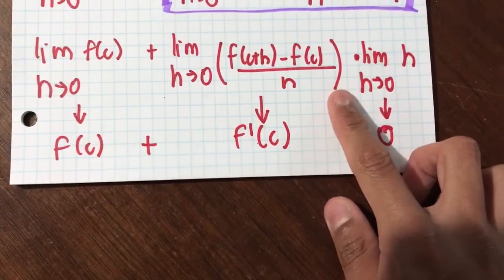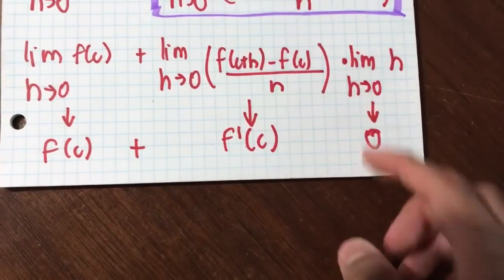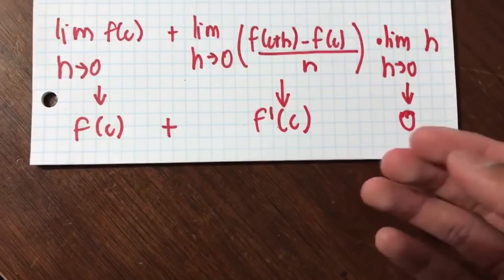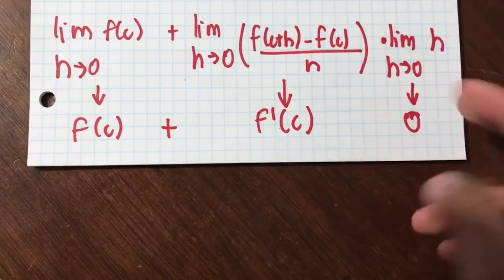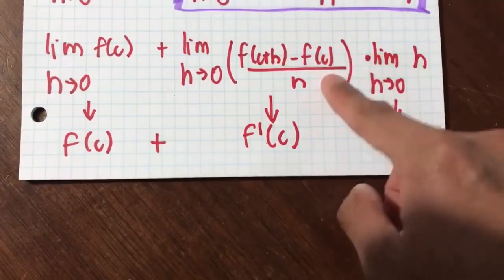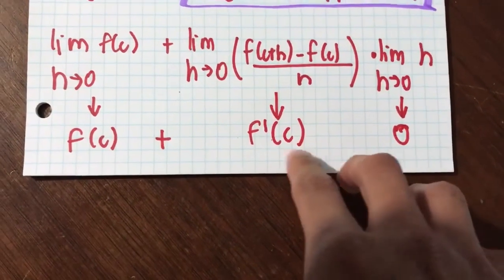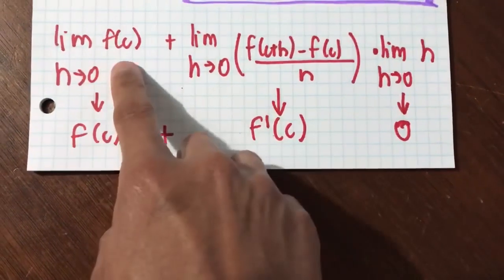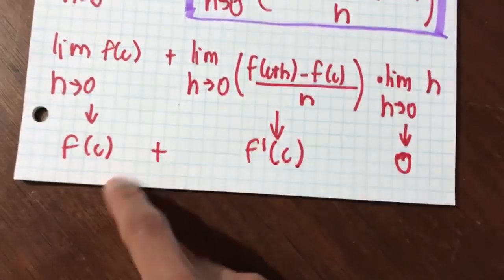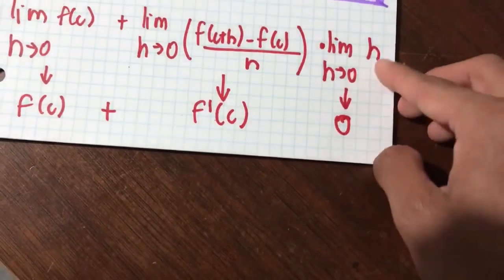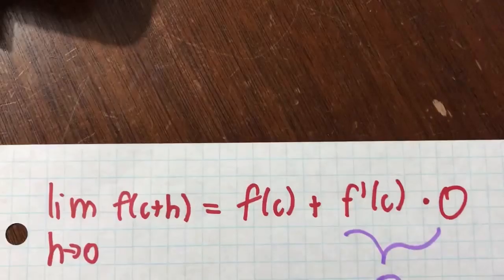Since we identified this as the derivative of a function, and we're assuming that f is differentiable at c, therefore this is f prime of c, and this is f of c. Now this limit we just evaluated and is equal to 0.